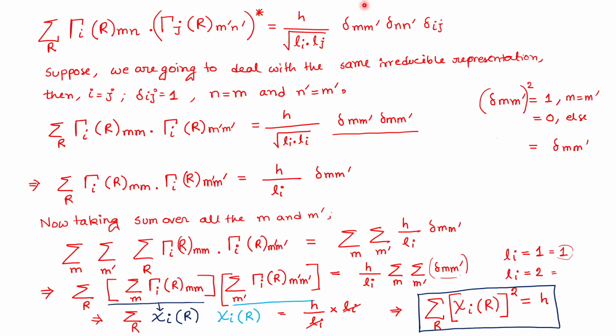So your right hand side is 0 from the start. Now see, if you take the same thing, you are going to get the character of the ith irreducible representation and the character of R in the jth irreducible representation, and that is going to give you the orthogonality condition: chi_i(R) multiplied by chi_j(R), summed over all the symmetry operations, is 0.